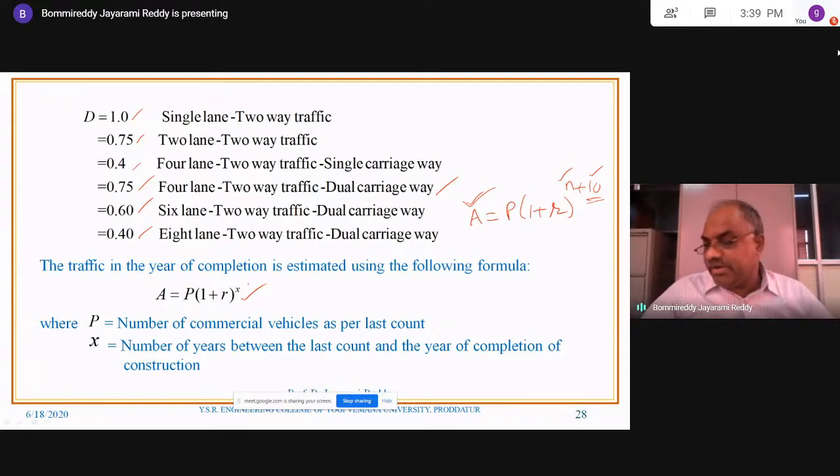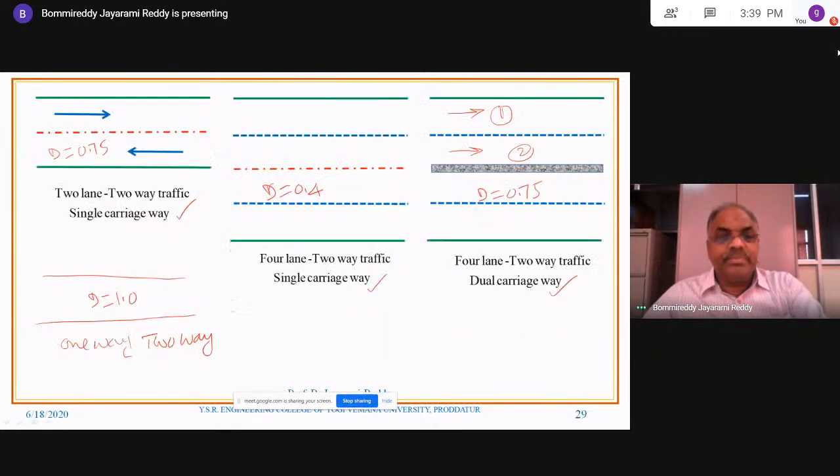X here means the number of years between the traffic count P and the year of completion of the construction. Normally the construction will take 1 year or maximum 2 years, and X may become 1 or 2 depending upon the importance of the highway.